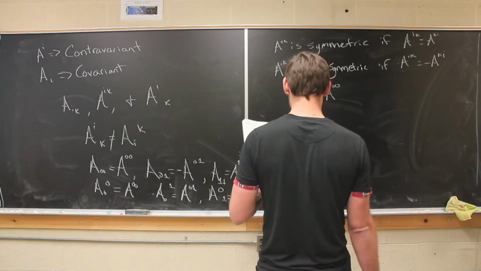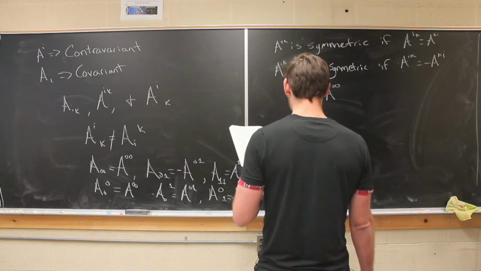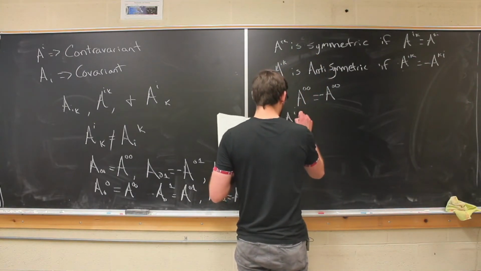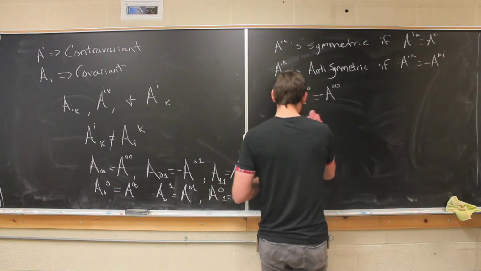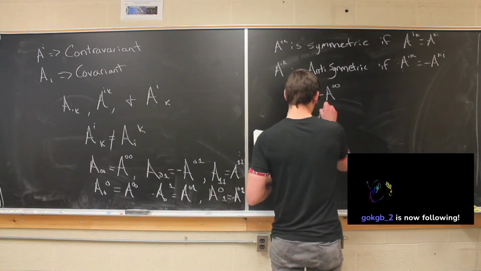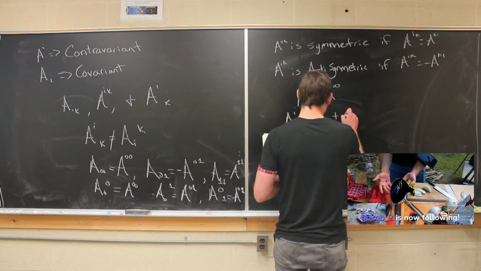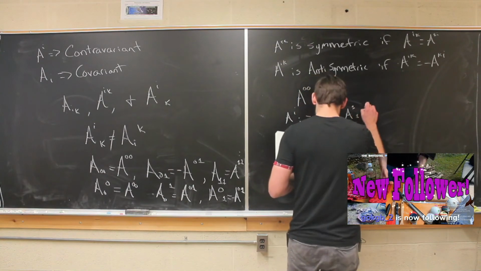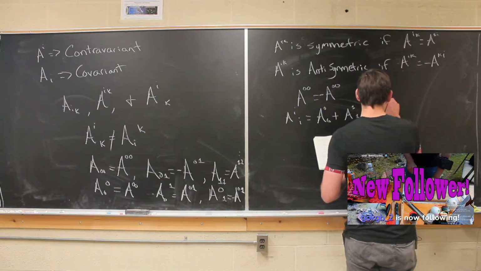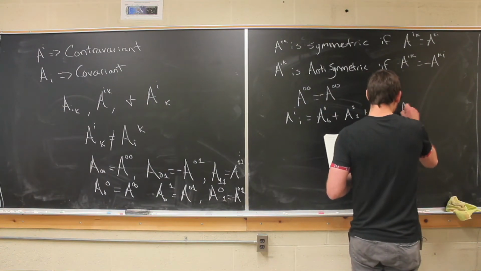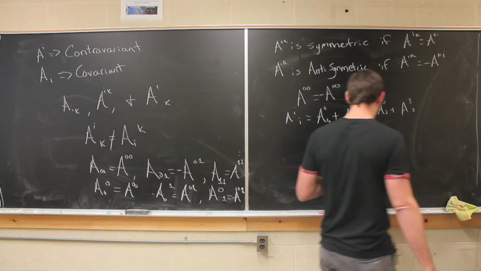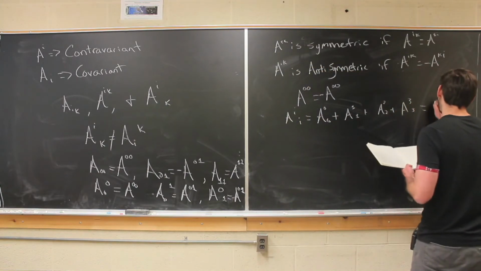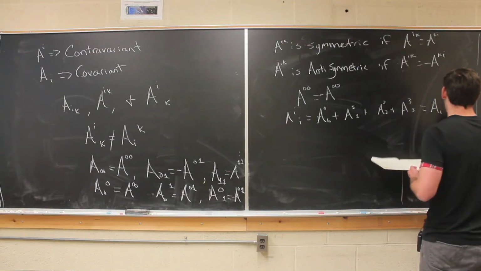Let's see here. So there's symmetric and anti-symmetric. One might also note that we have the following relationship. A^i_i is now going to be the inner product of the tensor with itself. So A_00 plus A_11 plus A_22 plus A_33. Since these are the same, we can say this is, in fact, equal to A_ii.